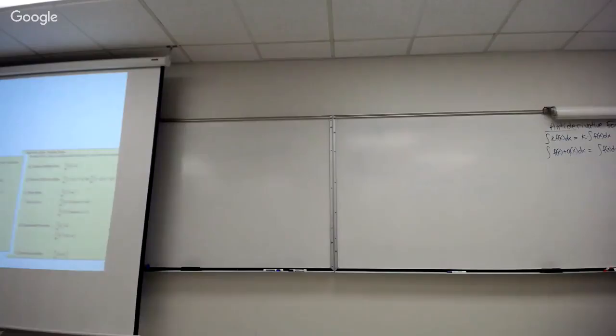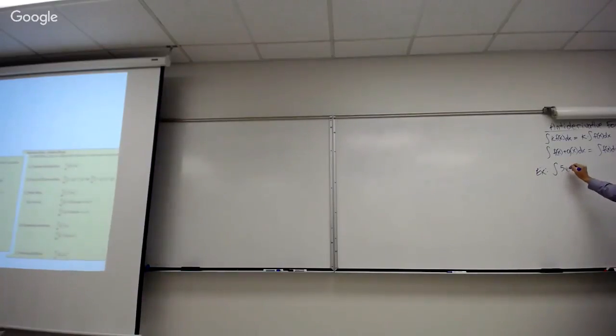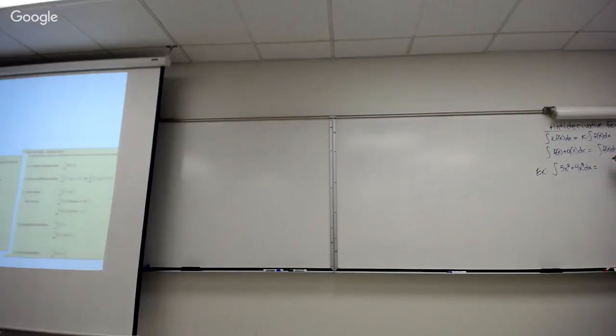So let's go ahead and do an example of that. Let's say that we wanted to do the integral of 5x squared plus 4x cubed. So we'll do both of these rules right now. If I wanted to do that integral, the first thing I could do is split it up into a sum of 2 integrals. So I would just do the integral of 5x squared, and I would do the integral of 4x cubed.